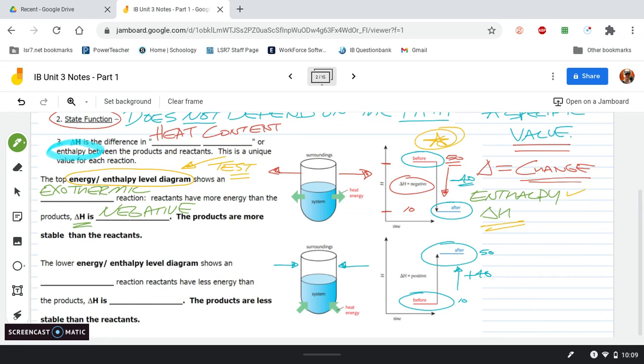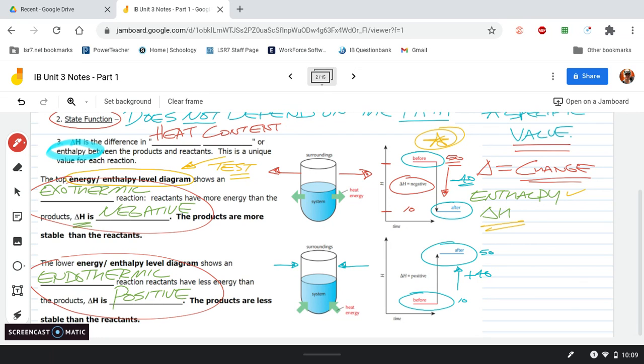And then the bottom, it's going to be the opposite. So endothermic, and there's a big problem with all of this chemistry stuff, that they use names that are almost identical, endo versus exo. You just have to memorize it. But endothermic means that the heat's getting sucked in, and the delta H is going to be positive. So like I said, if you don't know this and this, we're going to have problems later on.